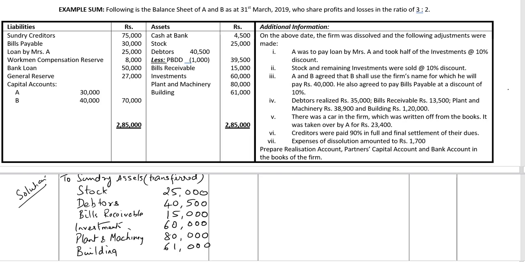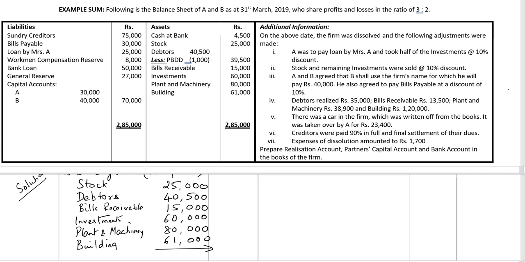Let's total the amount and bring it to the outer column. ₹2,81,500 is the total.